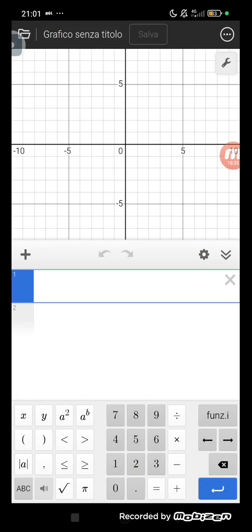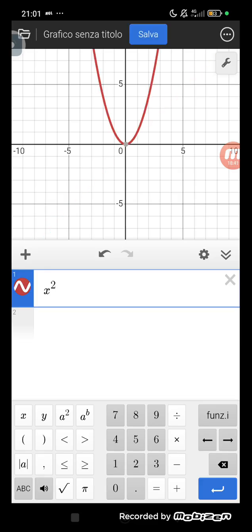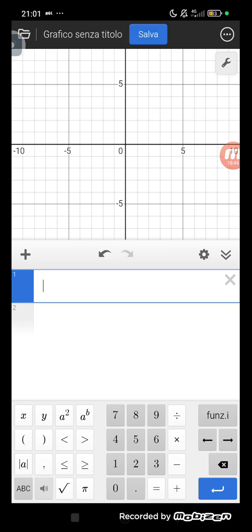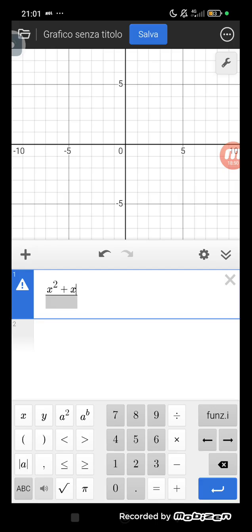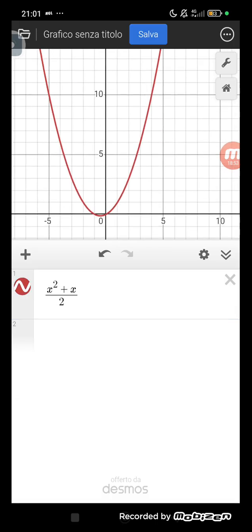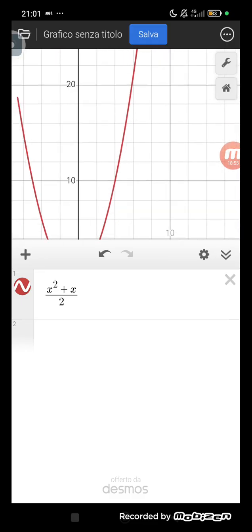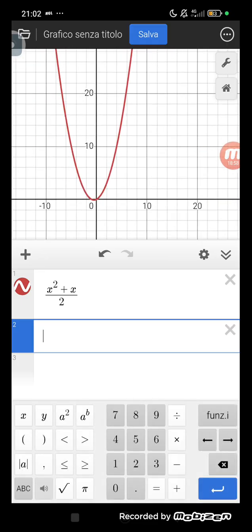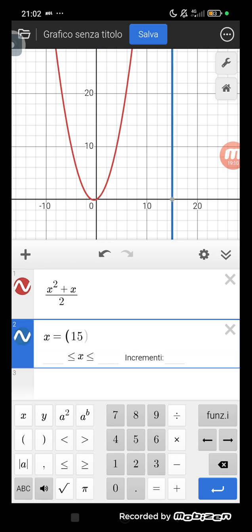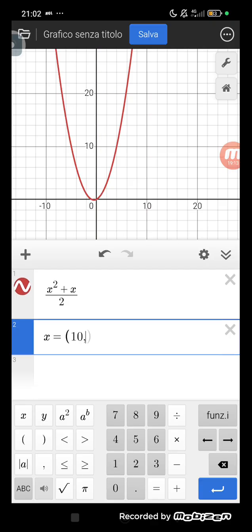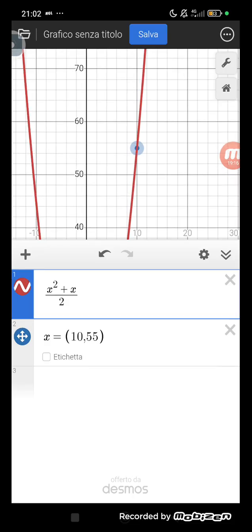Well, this is just an example. x squared plus x over 2. You can extend the formula for 1 plus 2 plus 3 plus 4. We plug in 10, we get 55. Where is it? Boom, right here.